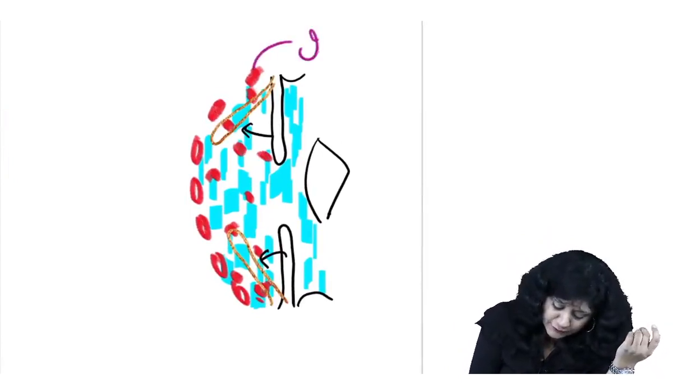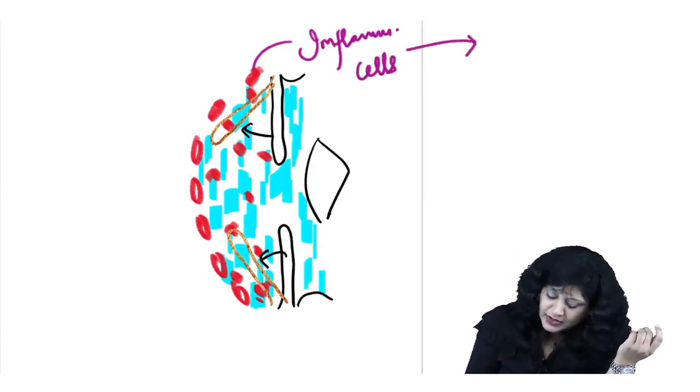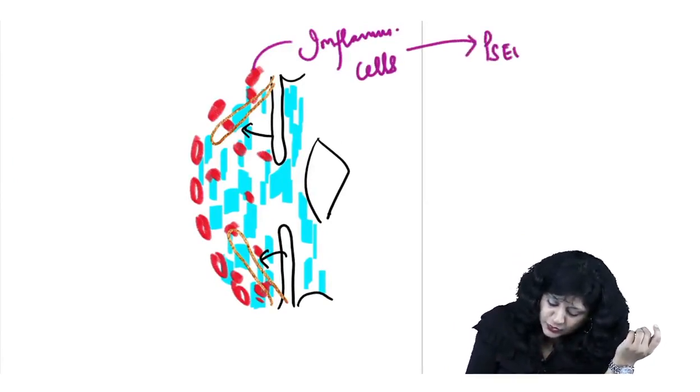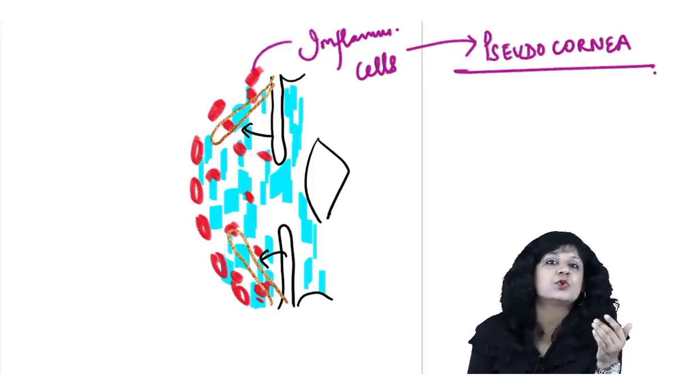These are your inflammatory cells which are getting in place here, and they are forming a kind of pseudo cornea. So this is not cornea, because cornea has gone into perforation, but a pseudo cornea kind of a thing is formed here.